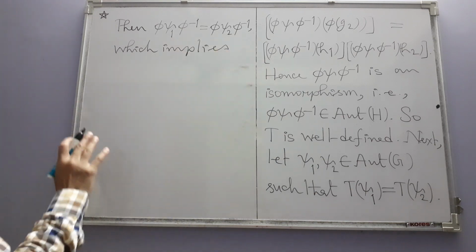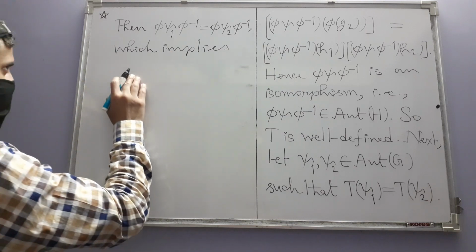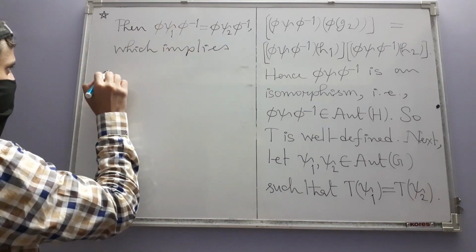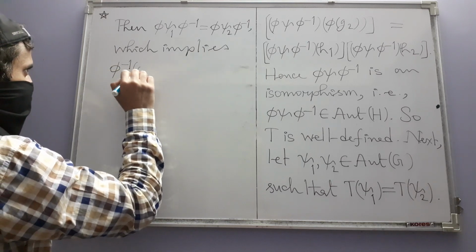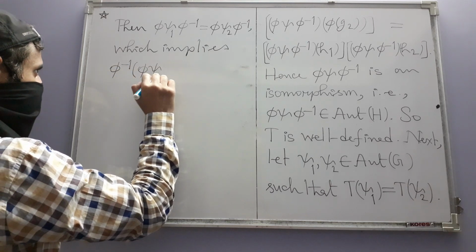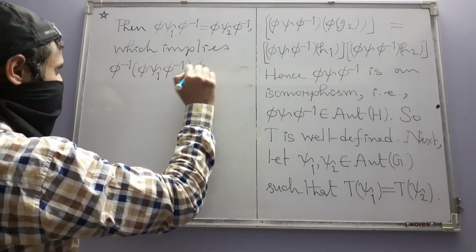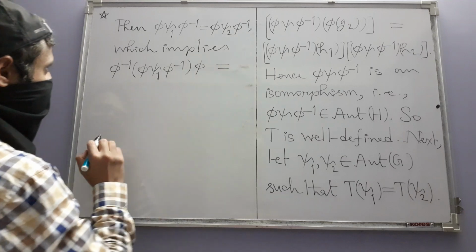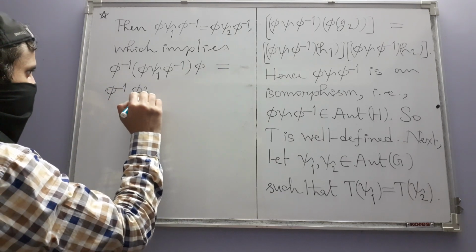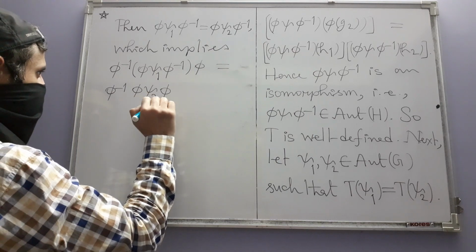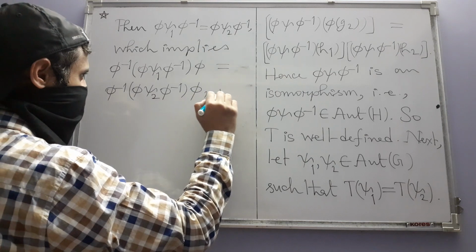because we are after all dealing with bijective functions, the next thing we can have which follows from this is this: phi inverse phi psi 1 phi inverse phi is equal to phi inverse phi psi 2 phi inverse phi.